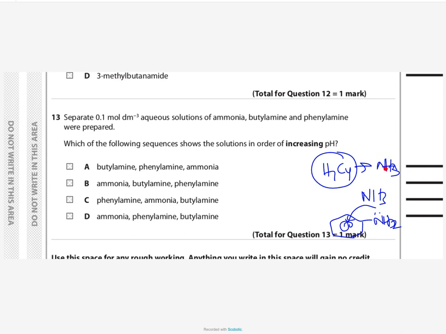So this is the least basic, with the lowest pH. Butylamine has great electron density on nitrogen because of the electron donating C4H9 group, so it has the highest pH. Ammonia lies in between.